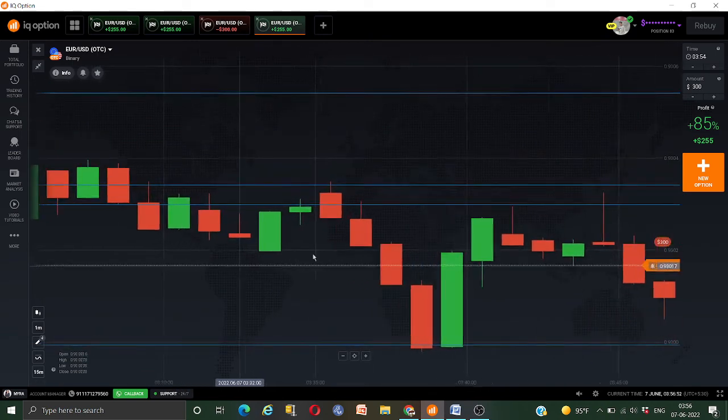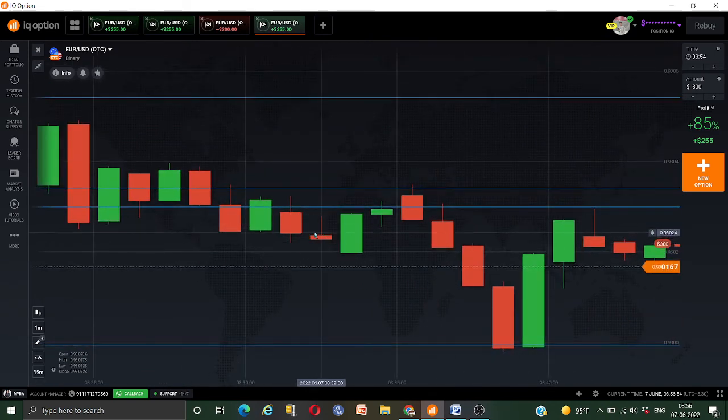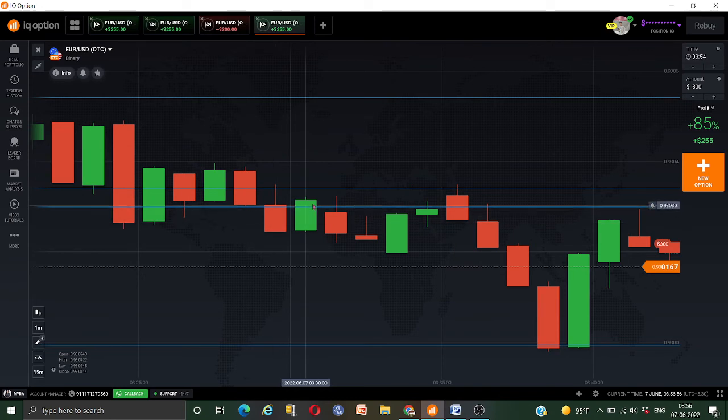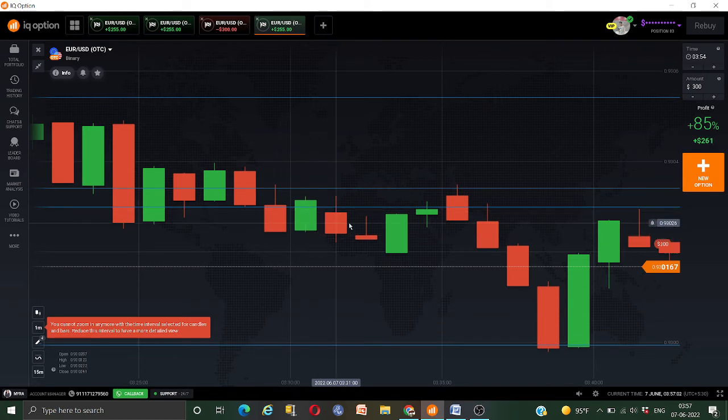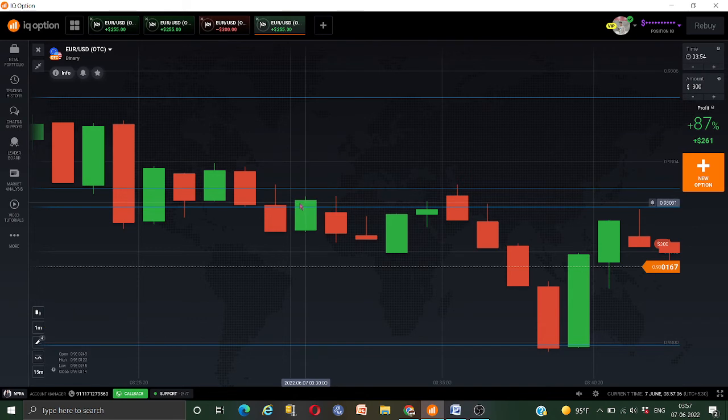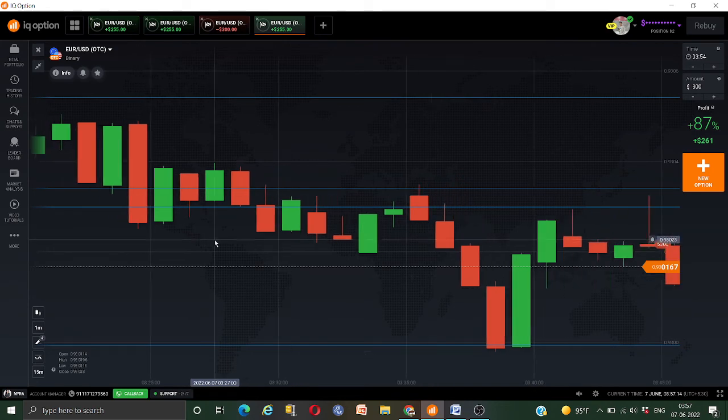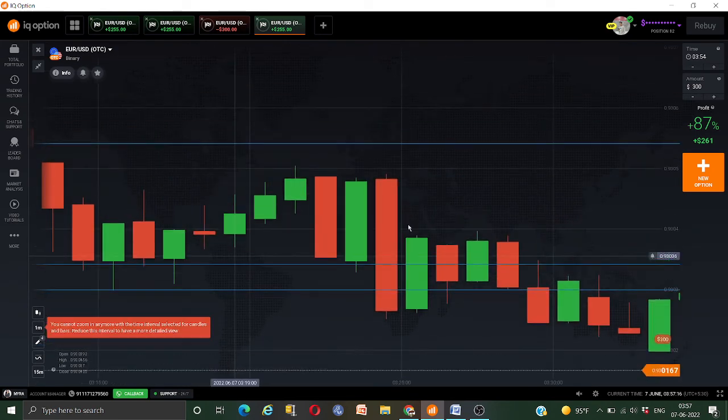If at this point you took a put option, the next candle comes down, the next candle comes up, you would still win. This is how you should take it, because even though the market fluctuated for some time, it is going to win.